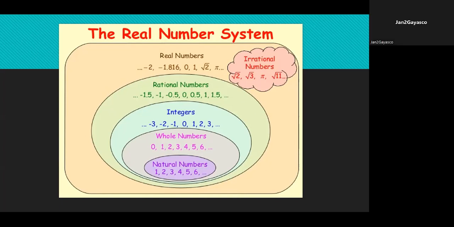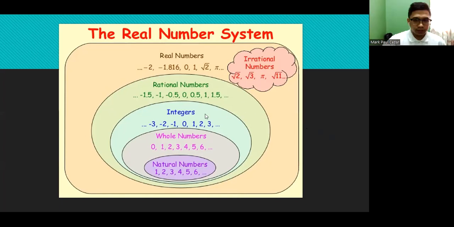Yes, sir. So integer numbers, whether they are positive or negative or zero, can be expressed in the form of a ratio. The difference of an integer number and a whole number is that whole numbers don't have negative values.